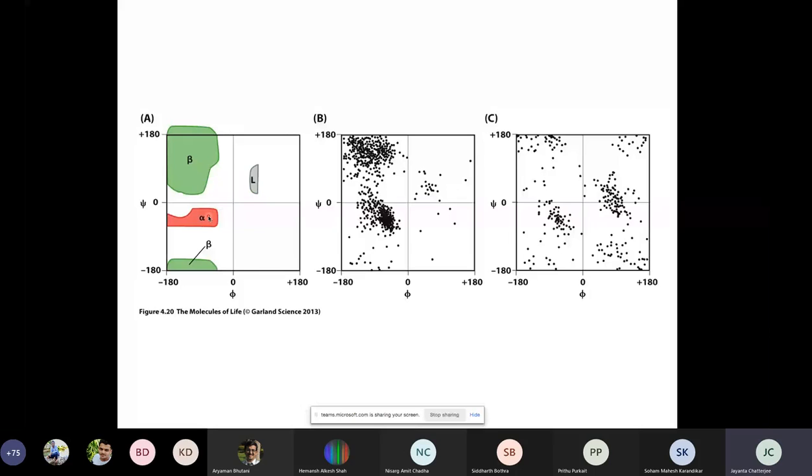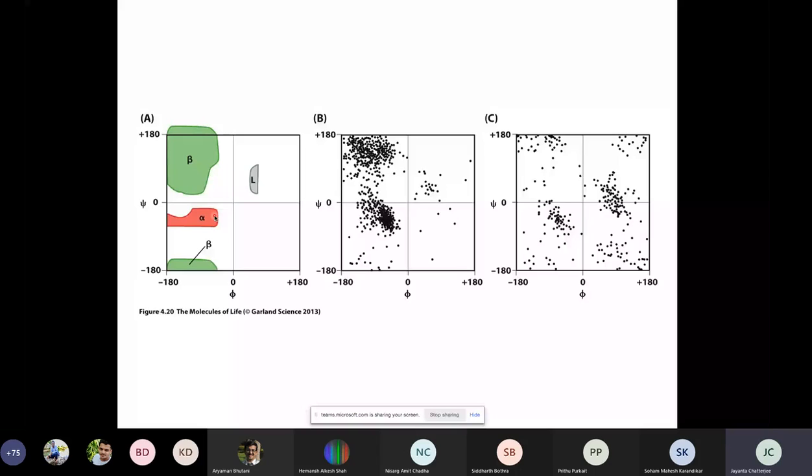In an alpha helix, all the amino acids have dihedral angles with an average phi of minus 60 degrees and an average psi of minus 40 degrees.